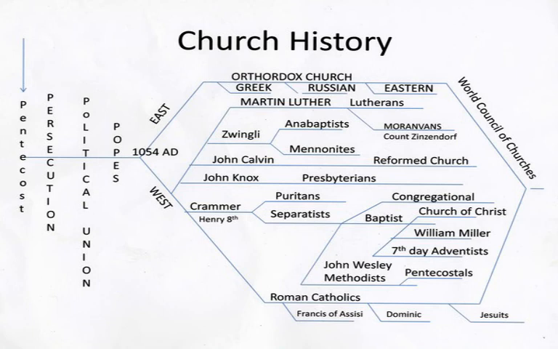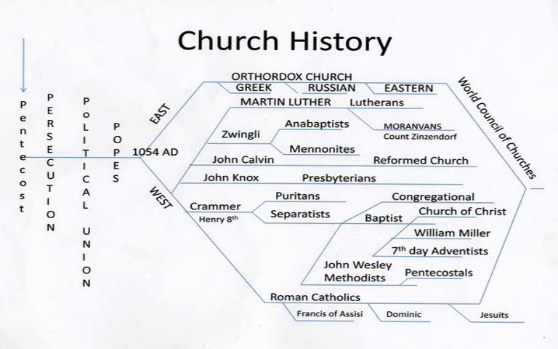The Moravians split off of the Lutherans with Count Zinzendorf. Some other great leaders of the Protestant Reformation was Zwingli. From Zwingli came the Anabaptist movement, and also the Mennonites. Another great leader, John Calvin, founded the Reformed Church.